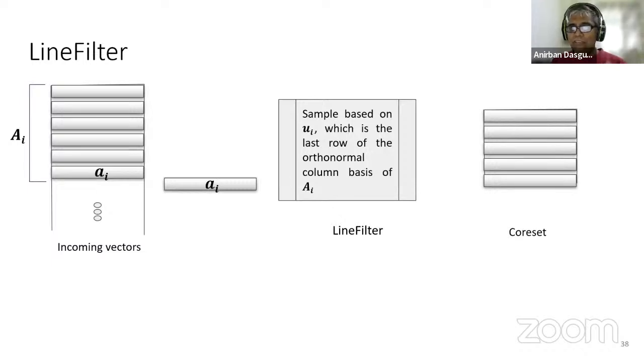We take the incoming vectors, process each incoming vector, and calculate their orthonormal basis, and then we use the norm of this orthonormal basis to do the filtering. Again, unfortunately I don't have time to go into the detailed proof of this. This is the first algorithm.